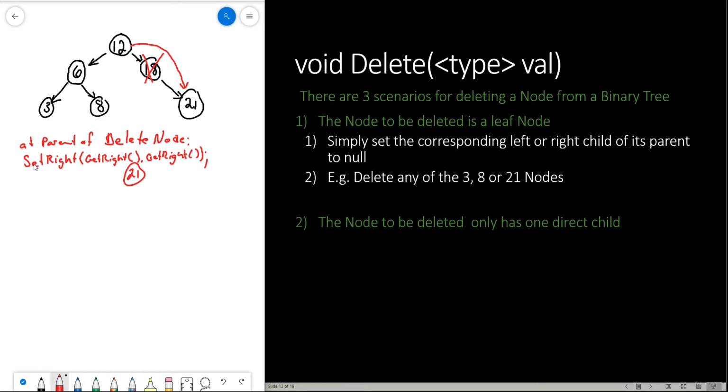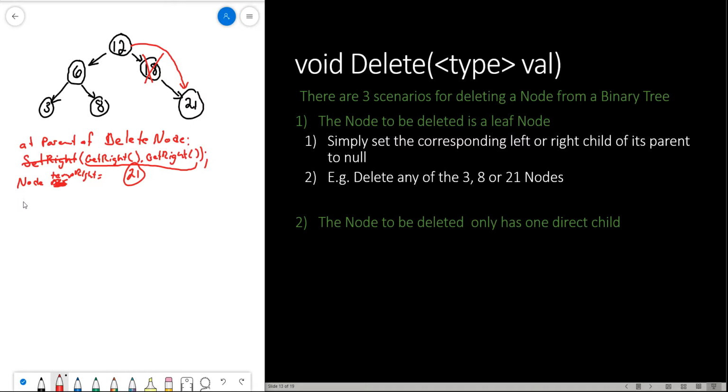So what you would do is you would take this and you would say node next. Or I guess node, let's call it temp right, is going to be equal to this mess here. Then you would kill the right child, right?